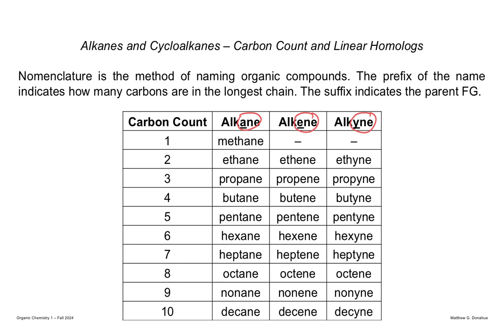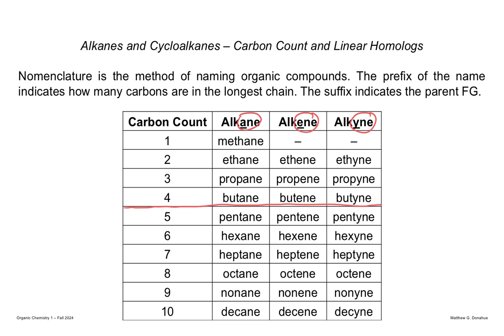Once you get past 4, the longest carbon chain prefix corresponds to a word you're familiar with. Like pent is 5, hex is 6, and so on and so forth. But the first 4, methane, ethane, propane, butane, we sort of know what those are at this point.